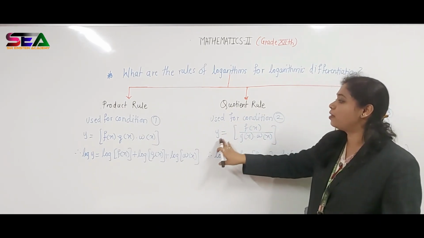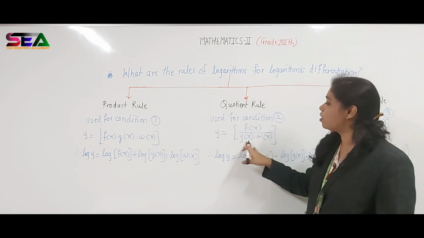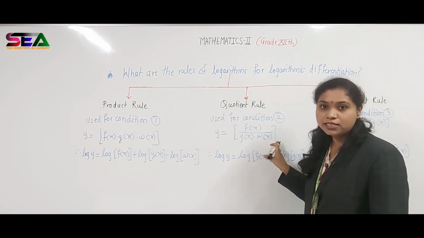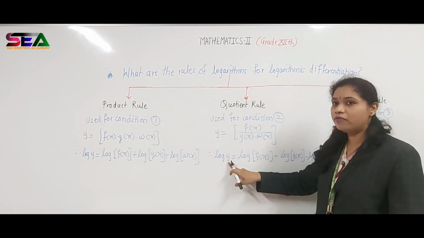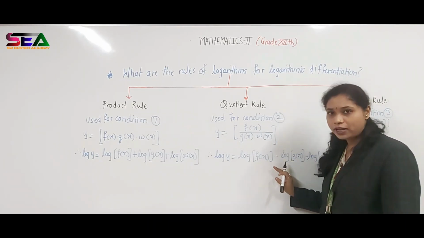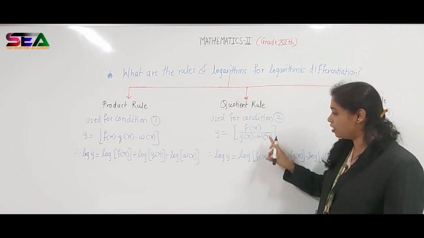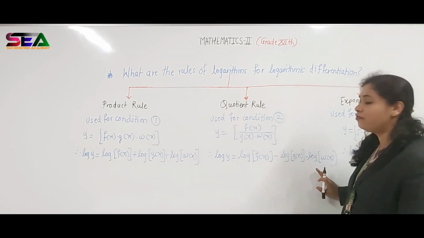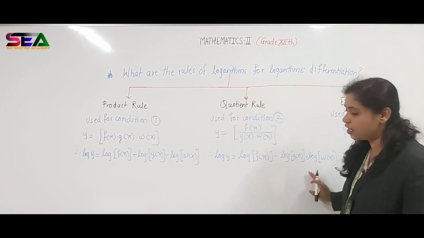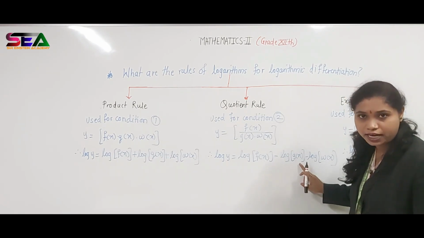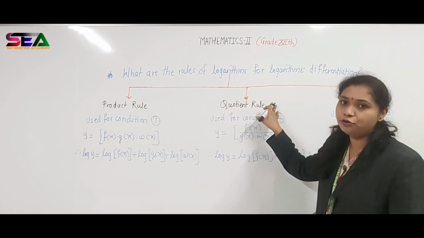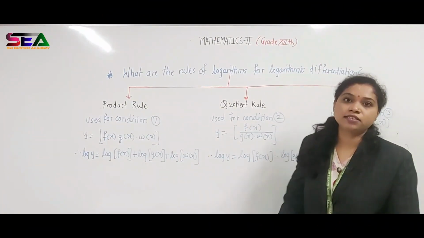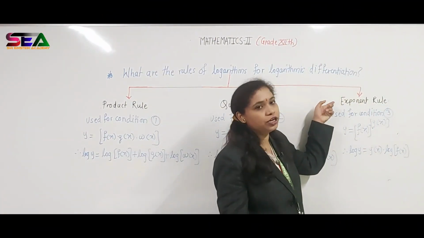So I am taking the example y is equal to f(x) upon g(x) into w(x). When I apply logarithm, it will be log y is equal to log of f(x), that is the numerator function, and all denominator functions' logarithms get subtracted, meaning minus log of g(x) minus log of w(x), which is the quotient rule.